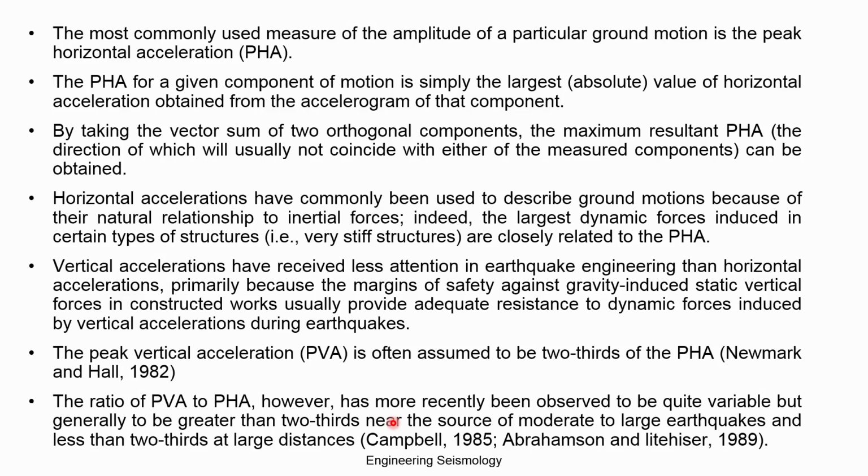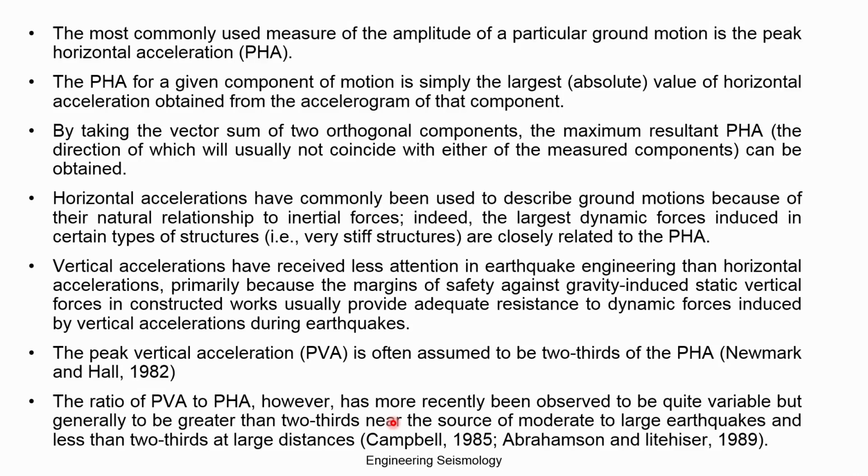Indeed, the largest dynamic forces induced in certain types of structures, like very stiff structures, are closely related to PHA. Researchers found that damage is a function of the peak acceleration, and these accelerations are related to the inertial force of the structure, which is why they use it.